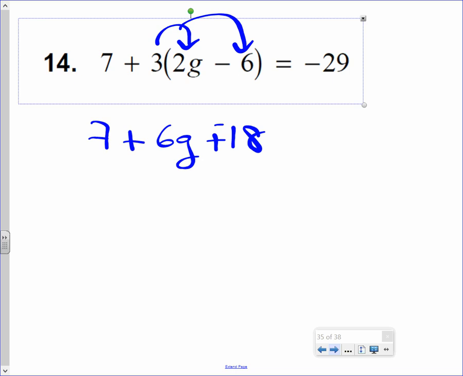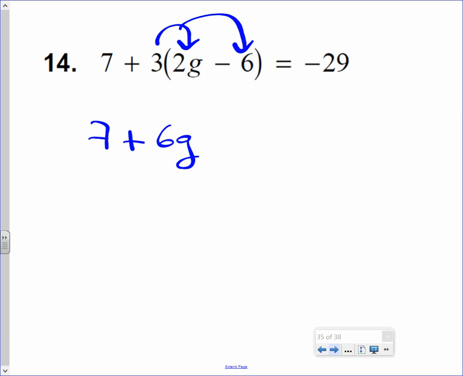And I'm a math teacher now, go figure. You don't need to, but it makes me feel comfortable. Sometimes if you put a minus 18 here, people don't really consider that a negative 18, but they should, so I do this.